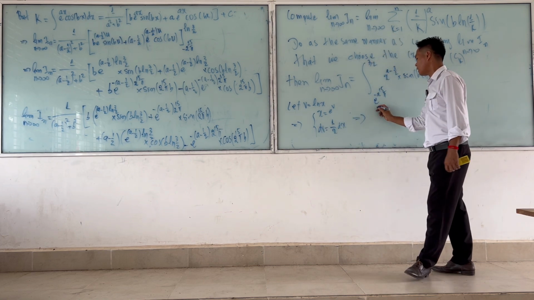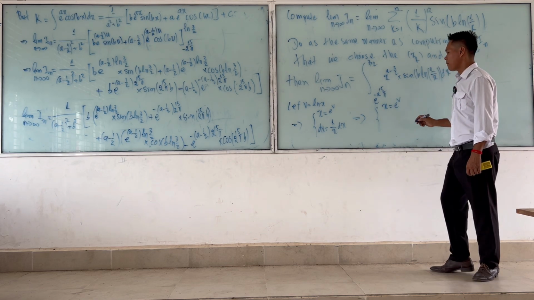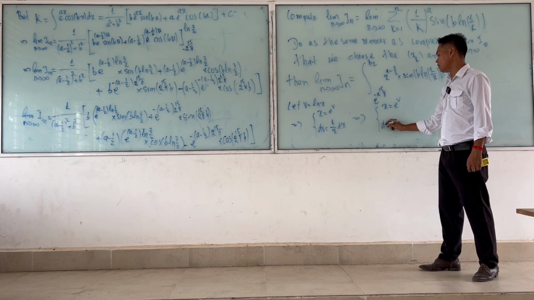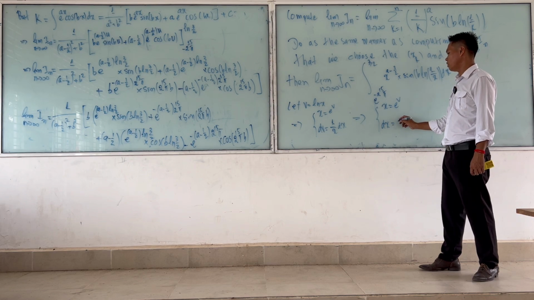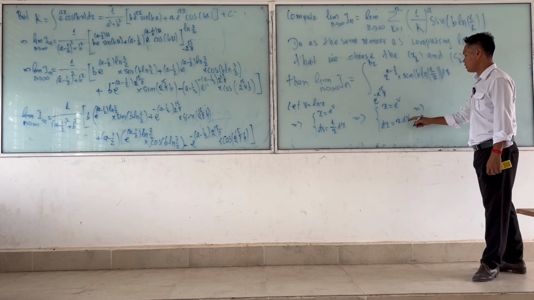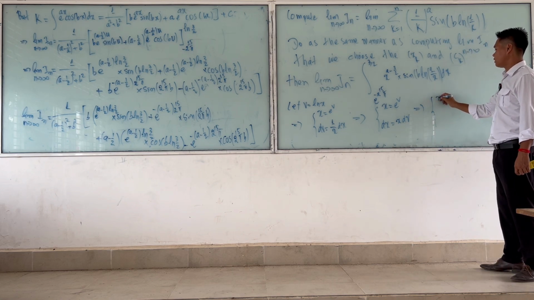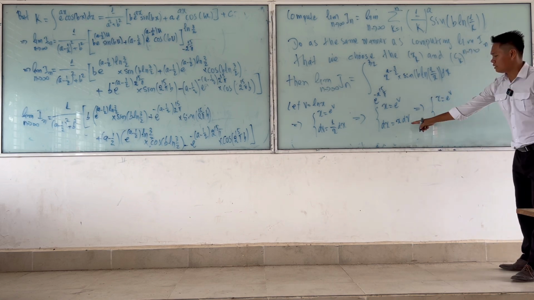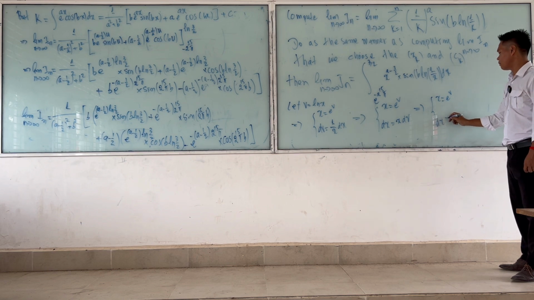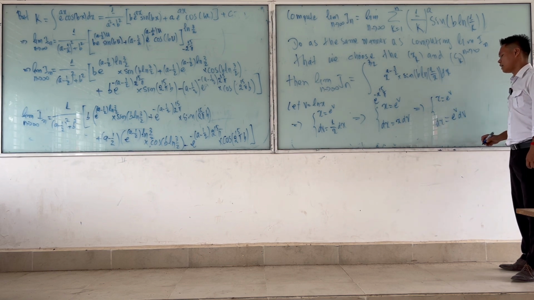So dx equals x dv, and because x equals e to the power v, this dx equals e to the power v dv. Okay?